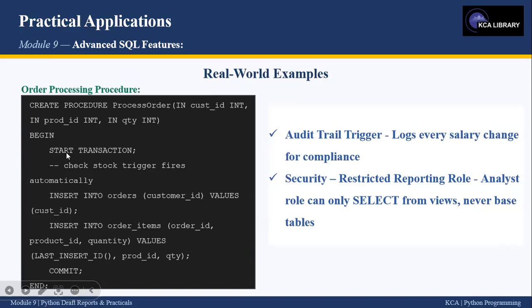Begin, start transaction, check the stock, triggered first automatically. Then insert into orders customer ID. Insert into order items order ID, product ID, and quantity. Then lastly, update stock by product ID, and commit.